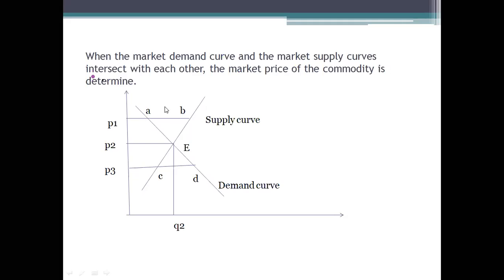That means this is the amount which is wastage in the market. So what producers already produced, what they want to do with this excess supply in the market, then they have to reduce the price of their commodity.